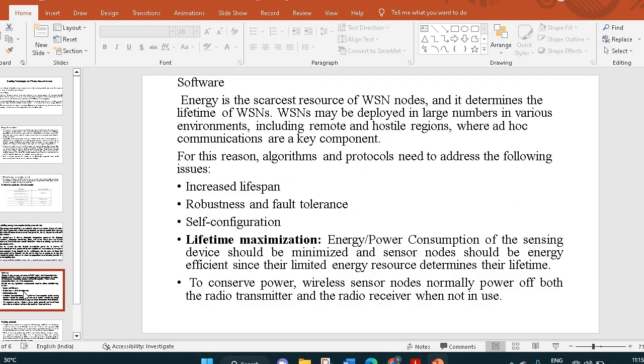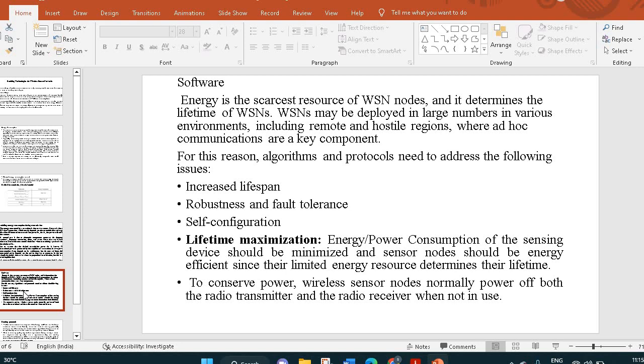Software. Energy is the scarcest resource of WSN nodes and it determines the lifetime of WSNs. WSNs may be deployed in large numbers in various environments, including remote and hostile regions, where ad hoc communications are a key component. For this reason, algorithms and protocols need to address the following issues: increased lifespan, robustness and fault tolerance, self-configuration, lifetime maximization.